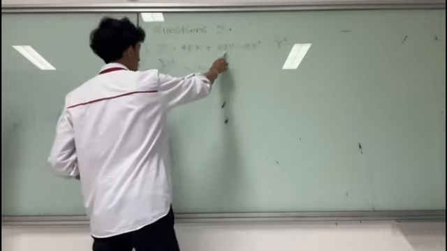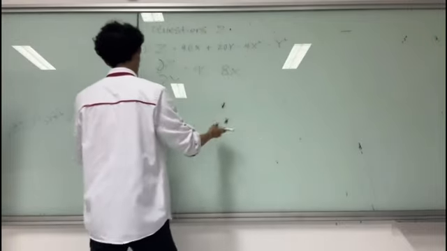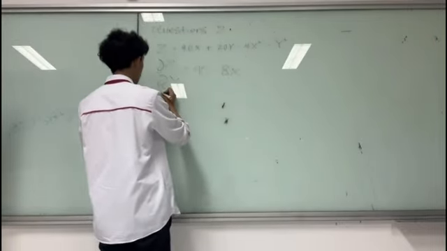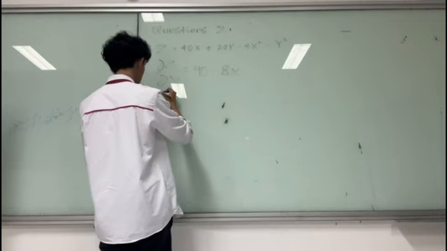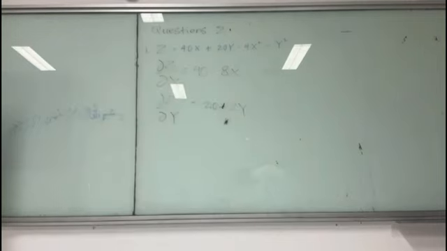Why? Because these both do not have x's. And now we derive the y. Okay. Now for this one, we derive the y. So this would be 20 minus 2y.